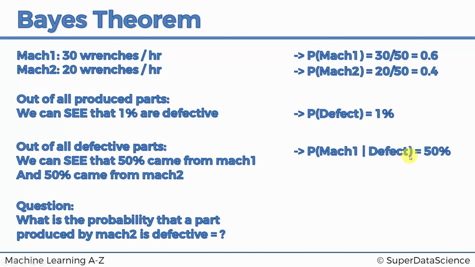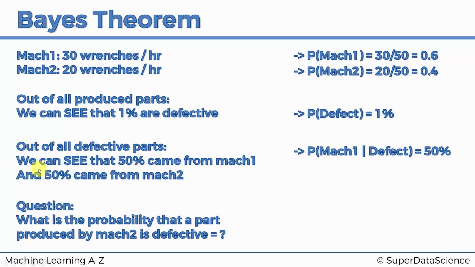So you know a priori that that part is defective because you're picking it out of the defective pile. So what is the probability of that part coming from machine 1? Well, it's 50%. And that is the mathematical transcription of this sentence. We can see that 50% of defective parts came from machine 1.